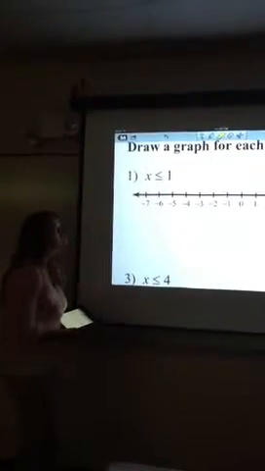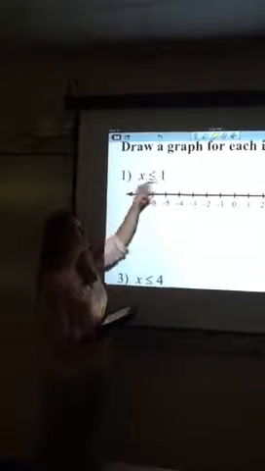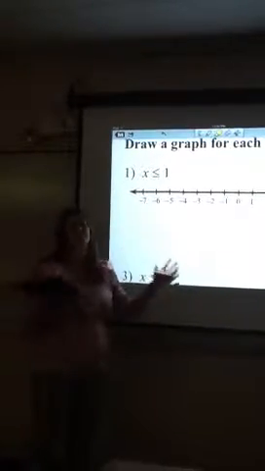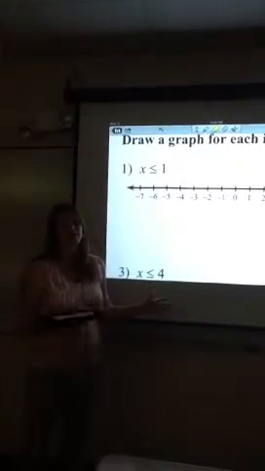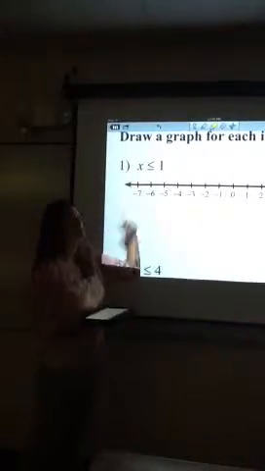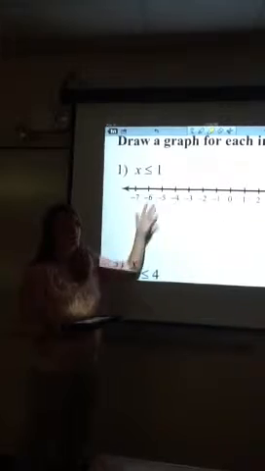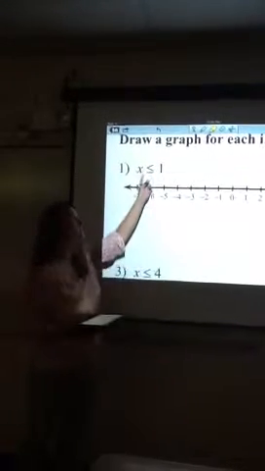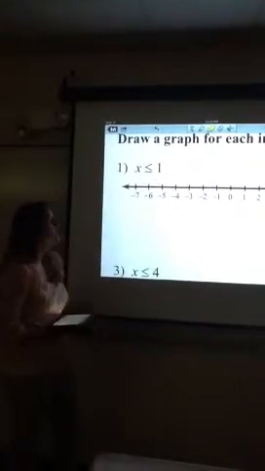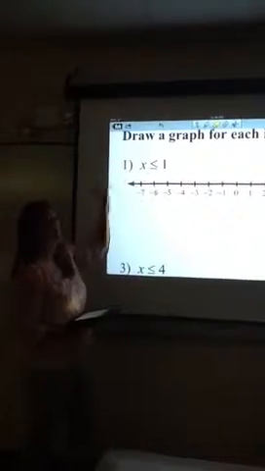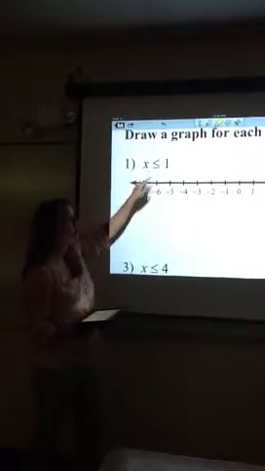Okay, so when I think about the numbers that are less than or equal to 1, there's a lot of numbers out there that I can plug in for x. 0 is less than or equal to 1. Negative 4 is less than or equal to 1. Negative 20 is less than or equal to 1. So when I graph this, I want to show all of the possibilities for x here.